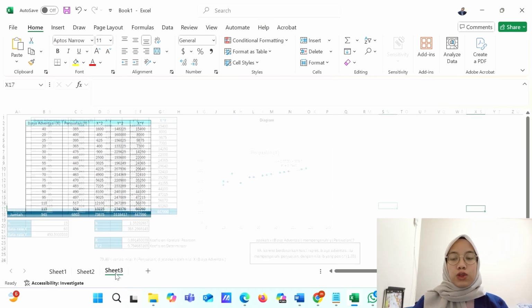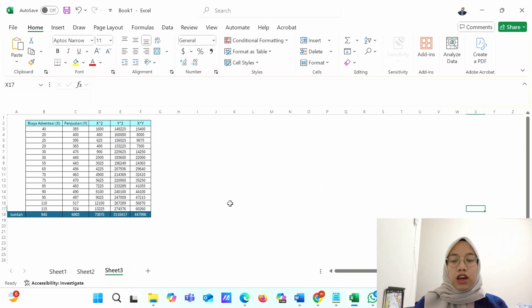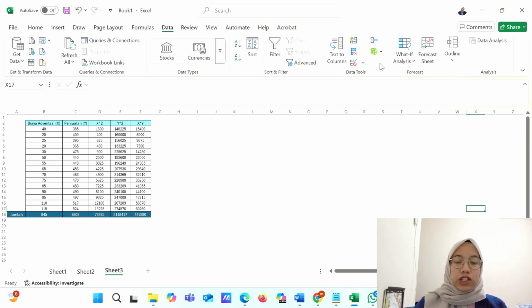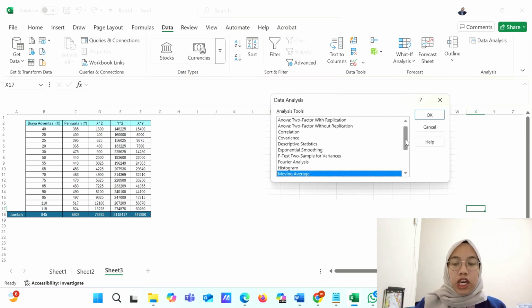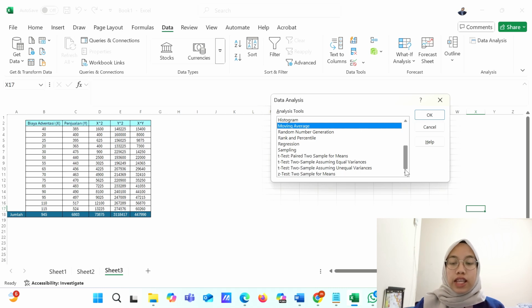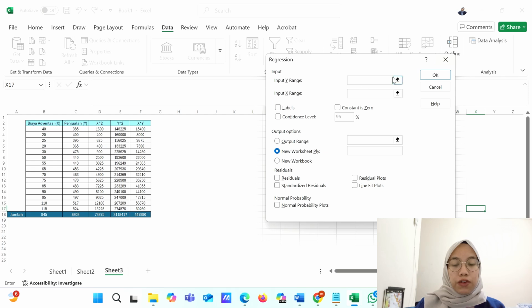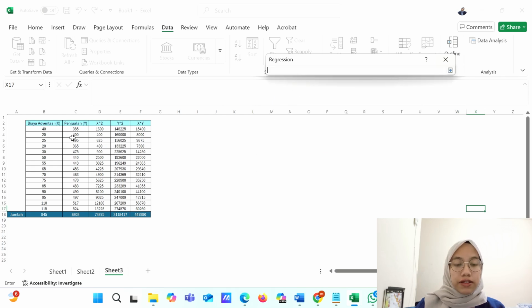We move on to the last sheet, which is creating a regression statistic table. Here, we use the data analysis function that we activated earlier.